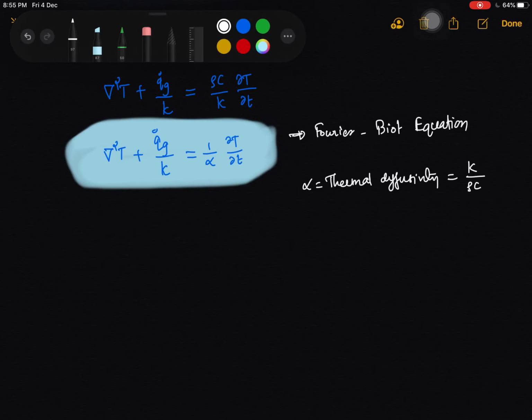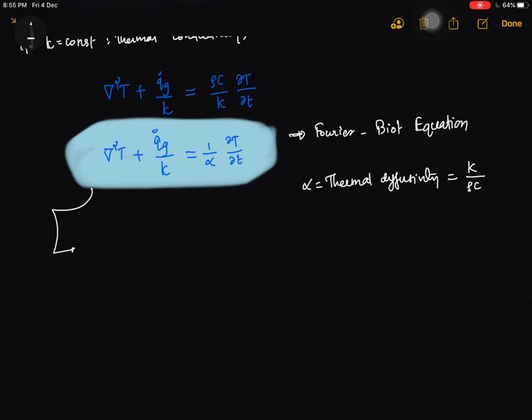So this Fourier-Biot equation has some special cases.